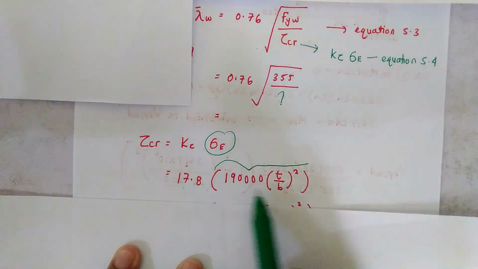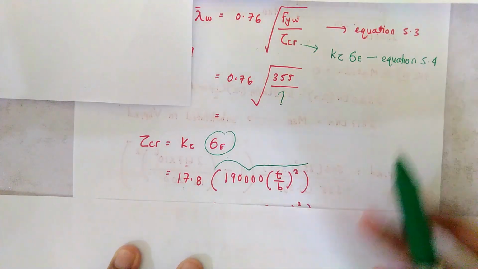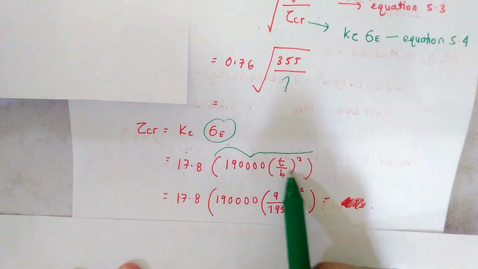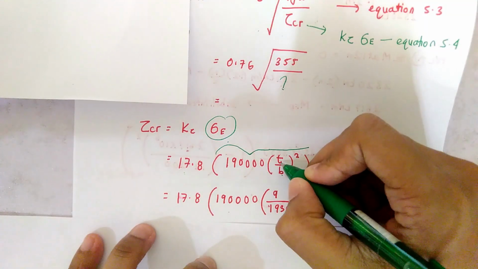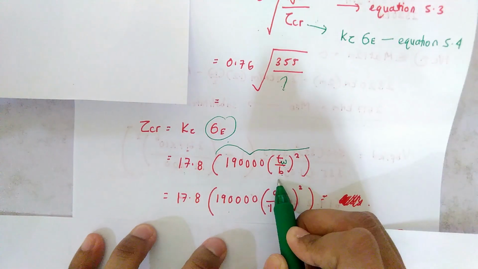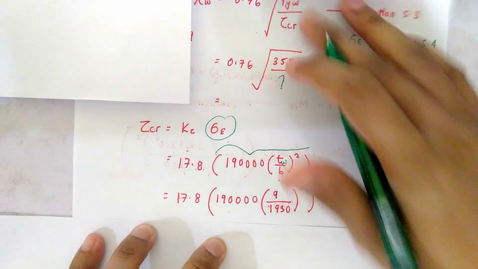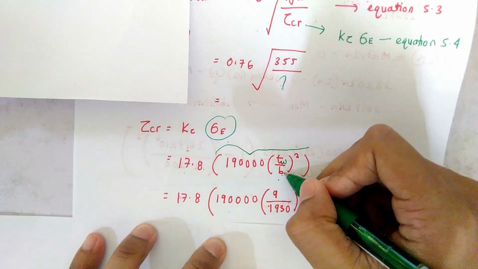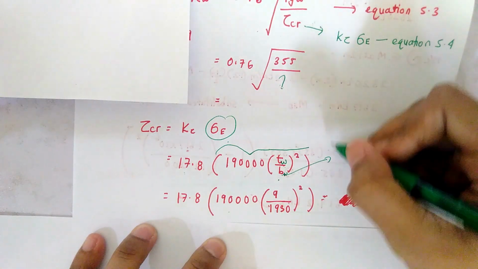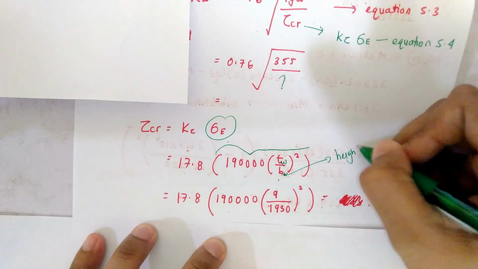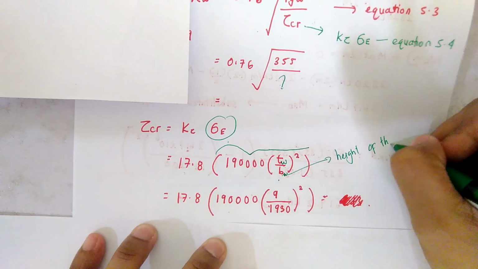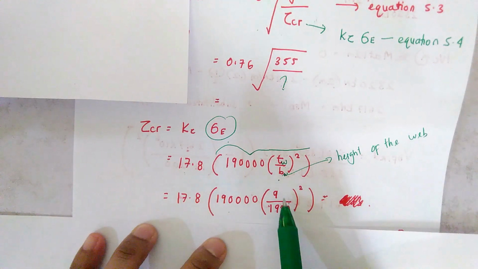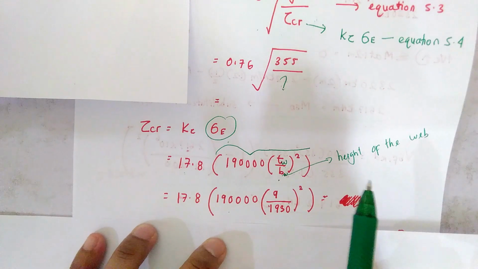So we got 17.8 there, and this value represents this. Here, what is your T? What is your B? You can see that T represents the thickness of the web, and B represents the height of the web.